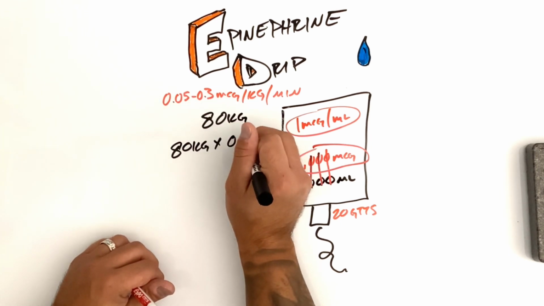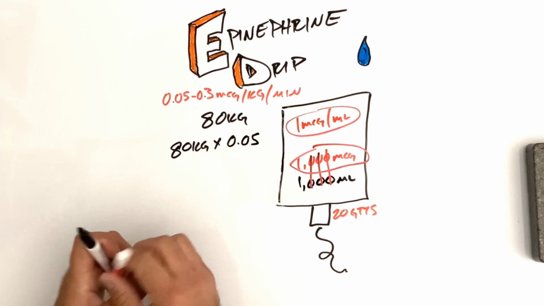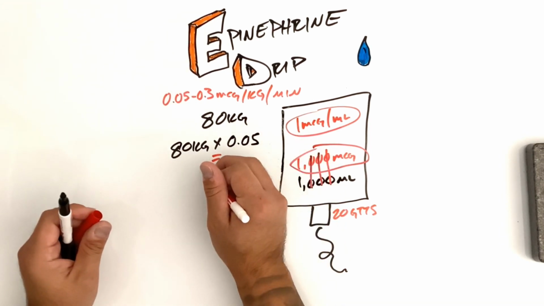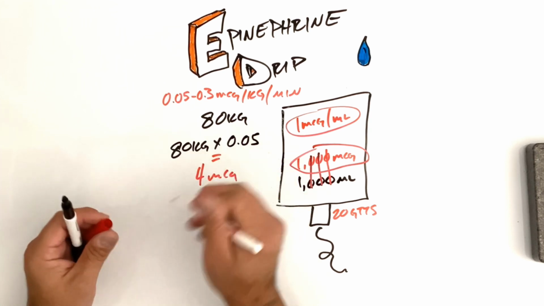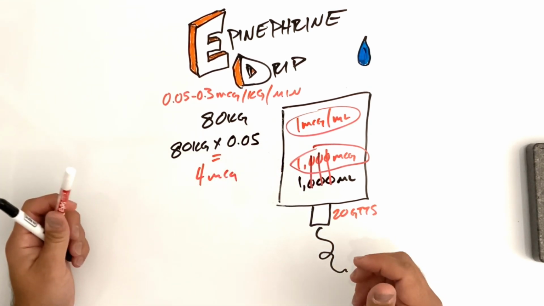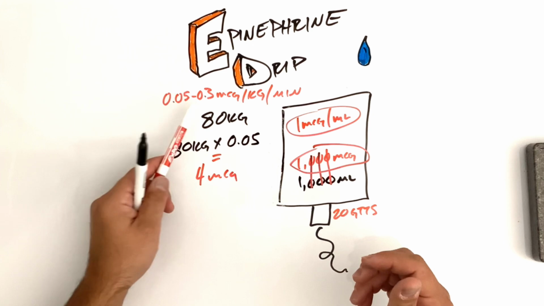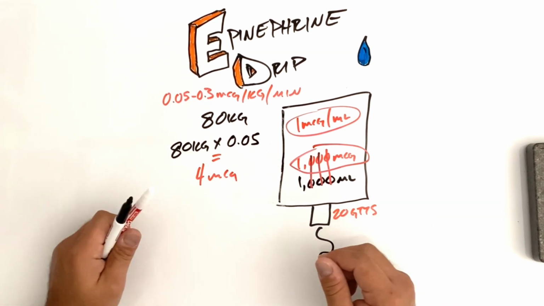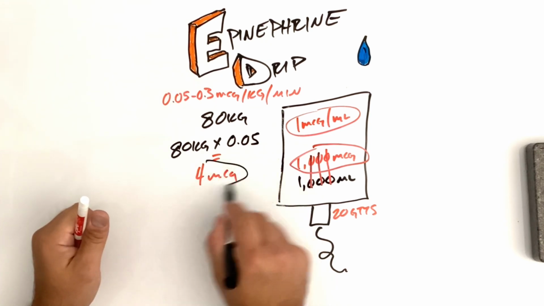We'll start off with 0.05. If we plug it into a calculator, that's going to give us 4 micrograms. That's what we want to start at, and it could be any number of these depending on your local protocol or your medical direction. So we have our 4 micrograms. That's what we want to achieve.